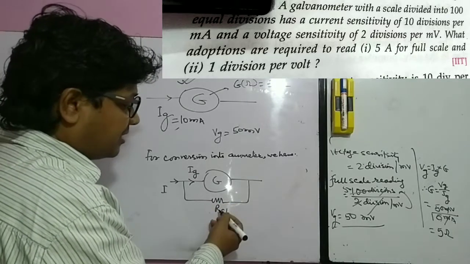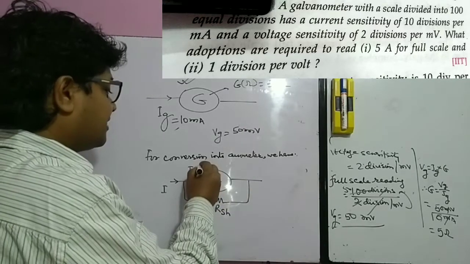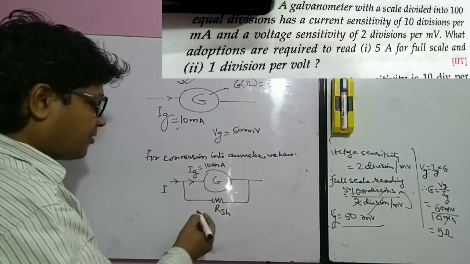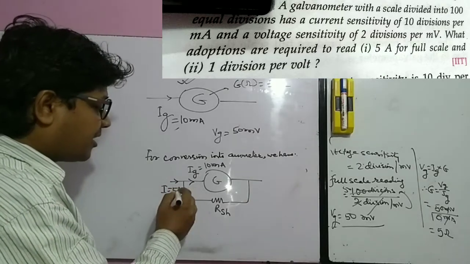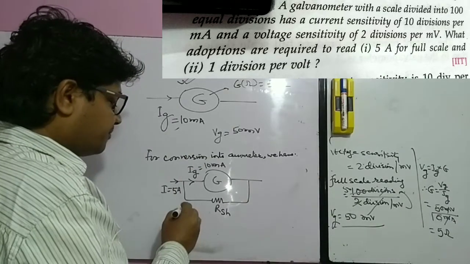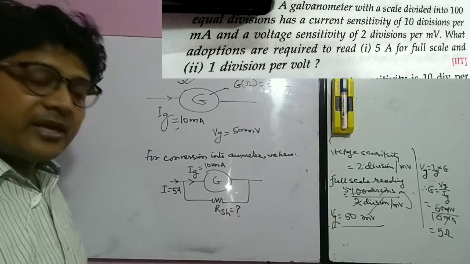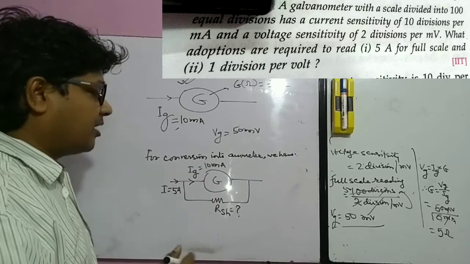So this additional resistance you'll use here. So Ig is equal to 10 milliampere, and this Vg we know, and this I is equal to, we have to read now 5 ampere. So what resistance we are going to use, right? This is very simple.